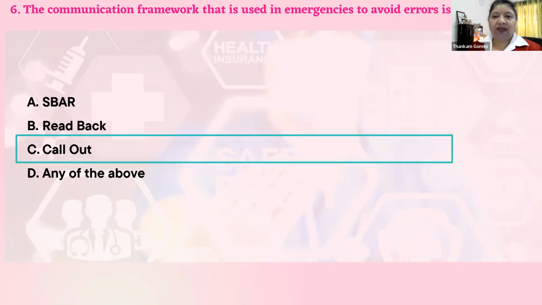Call out. Those who have been in a hospital during an emergency understand there is not enough time for the doctors to write down orders. They are telling orders and we are carrying them out. Call out is one way of telling things loudly so that everybody is aware of what is being done. If you take the example of code blue, let's say the doctor orders, sister, adrenaline 1 milligram IV.